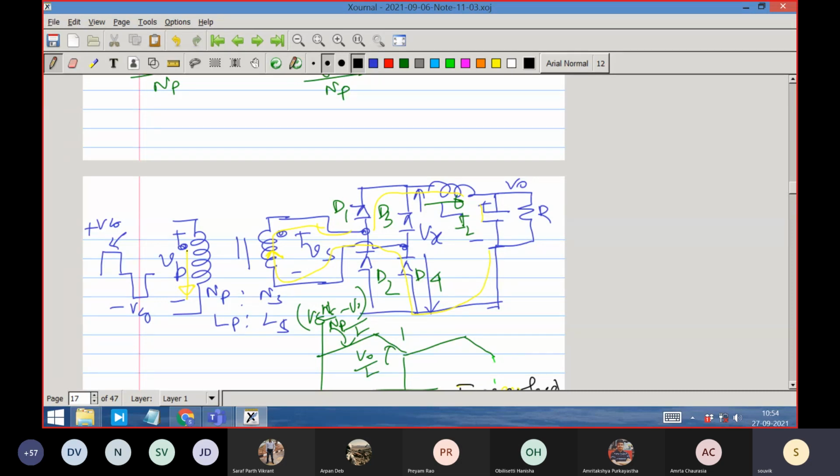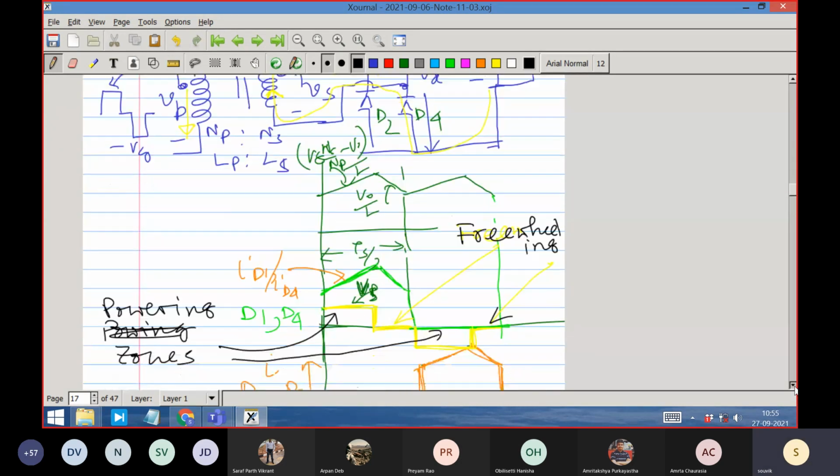So the consequence is that there is a transformer current in the primary. That means there is some current in the primary even when it is not delivering power to the output. So what will be the primary current?